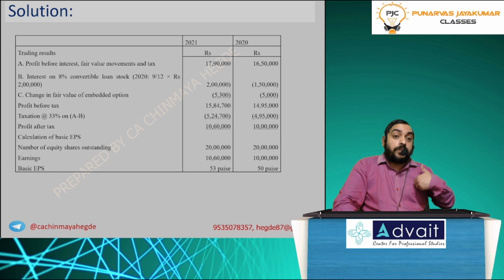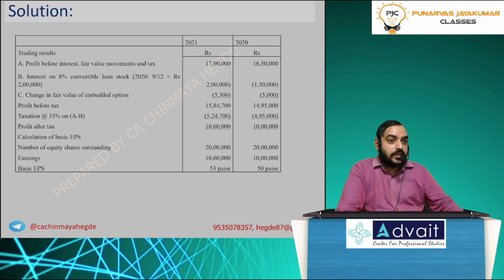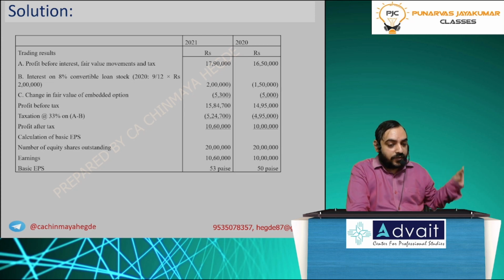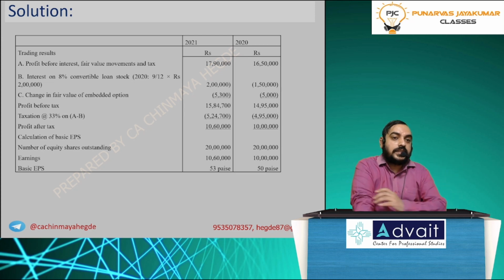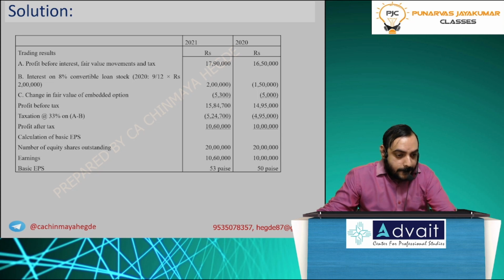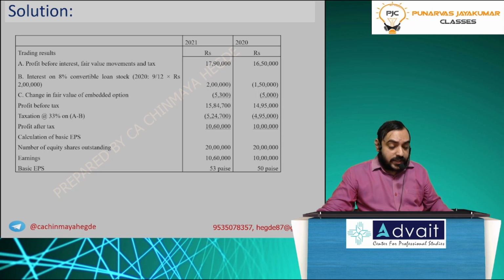You have an obligation to sell the shares. Indirectly, you are an option writer, and the fair value of that option is changing. A call option to be specific. You have an obligation to sell. Okay, this is regarding the basic EPS.